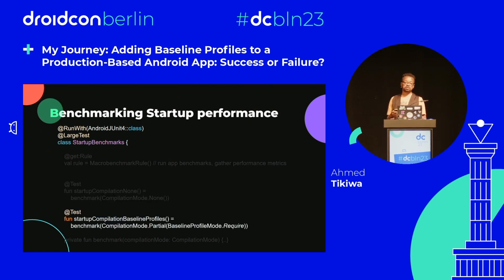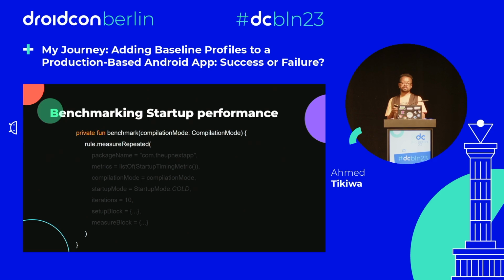The second call calls the benchmark method, and in this case it passes the compilation mode of partial, and then it says the baseline profile mode is require, meaning we want to use the baseline profile that was generated as part of the benchmark test. Then the benchmark method requires a compilation mode as an argument, and then it uses the measure repeated function of the macro benchmark rule.